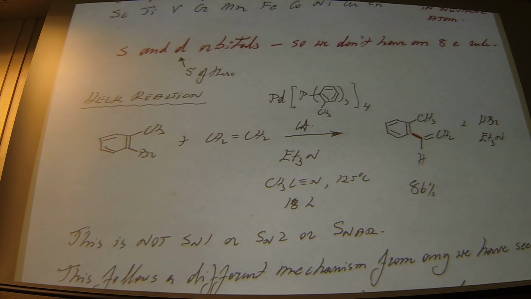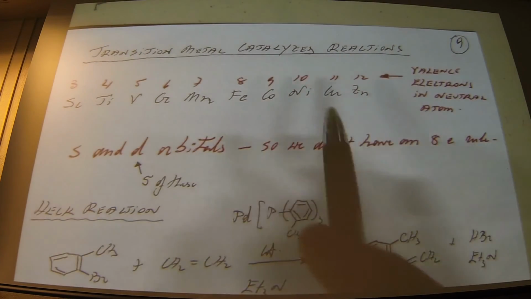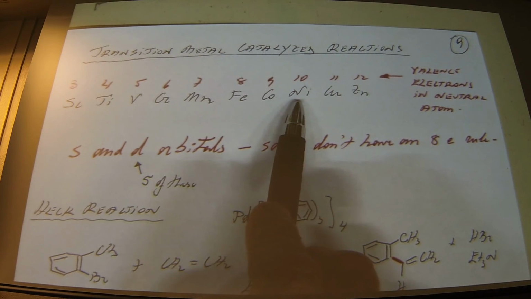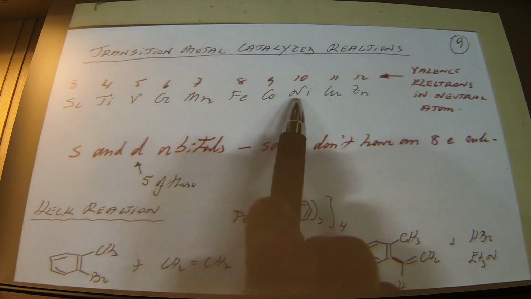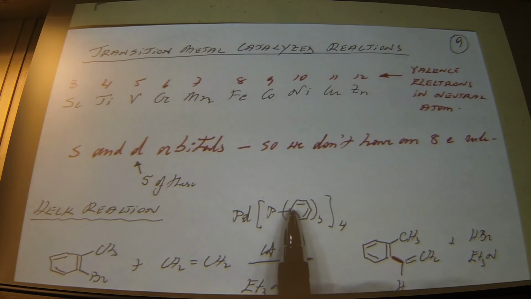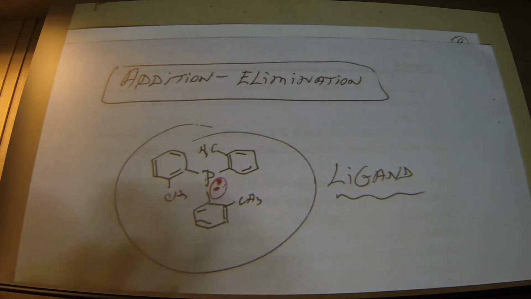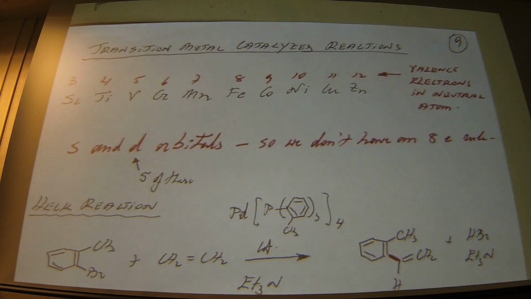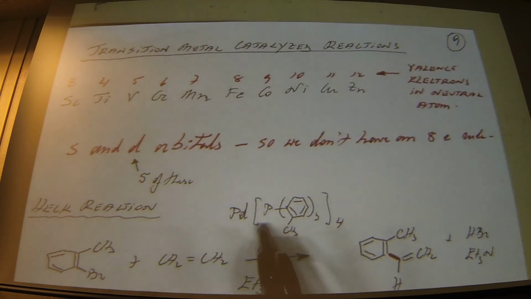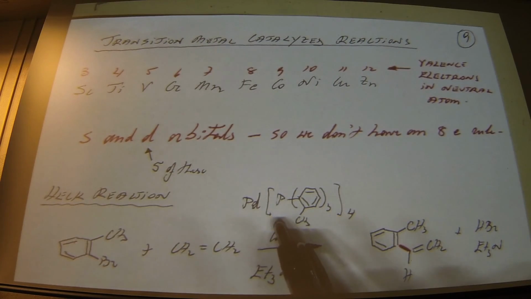On the periodic chart, palladium is right below nickel, right? And we said that nickel has how many valence electrons? 10. Palladium has 10 valence electrons. I have 4 of these phosphines. Each one of those phosphines has how many electrons to donate to the palladium? 2. 4 times 2 is 8, and 10 plus 8 is 18. So this is an 18 electron complex.